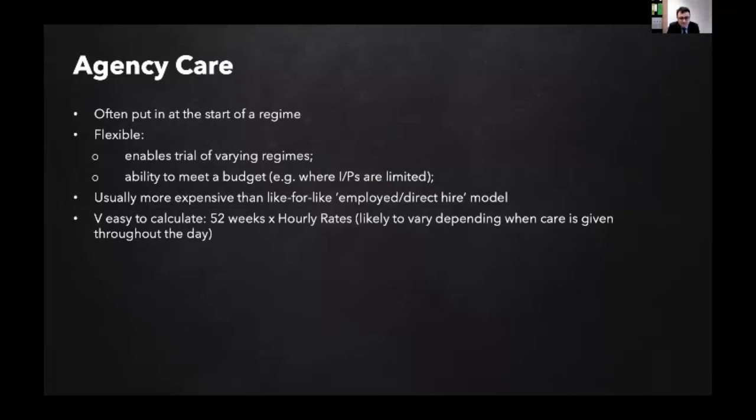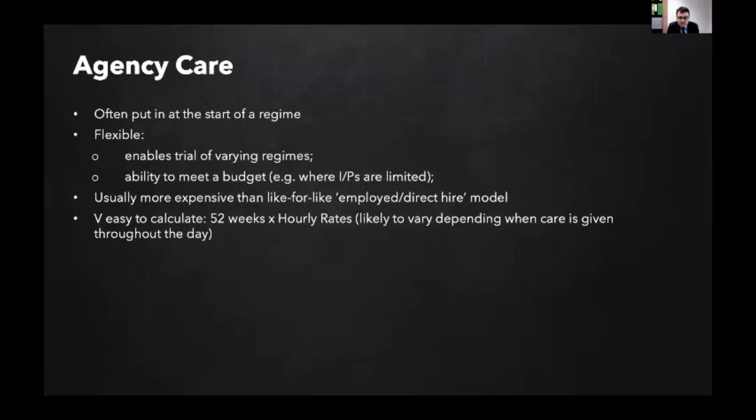It can, though not always, also be the most expensive. And that's why you'll find that there's often a debate about whether an agency model is appropriate, or whether alternatively, in certain cases, a claimant should look to hire his carers directly. That's often called a direct hire or an employed model.